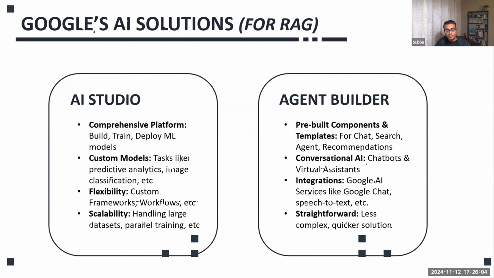In certain cases, you might feel that RAG is not a solution for you, and if you want to create your own customized model, then you can go for fine tuning. But in most cases, you might be able to achieve what you're looking for with the RAG approach itself, because fine tuning is a little complex.